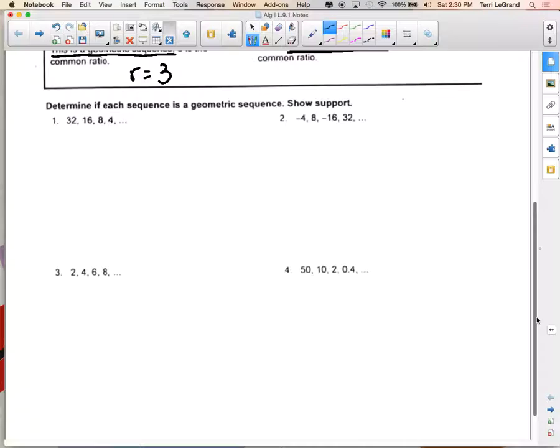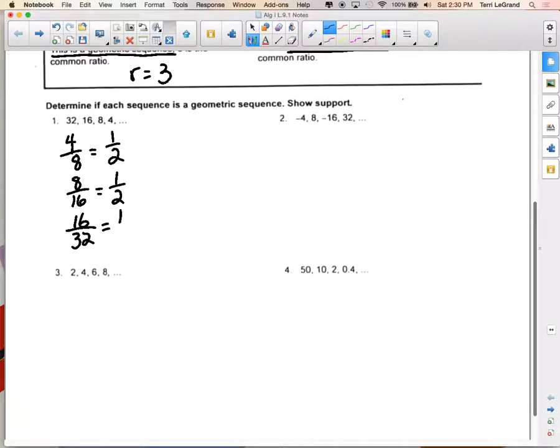Determine if each sequence is a geometric sequence. Show support. So let's start with our last term, 4. We would divide that by the previous term, 8, and let's simplify that as a fraction and say we get 1/2. Then we'll take the 8 and divide it by the 16. Again, we can simplify that to 1/2. Take the 16 now and divide it by the previous term, 32.